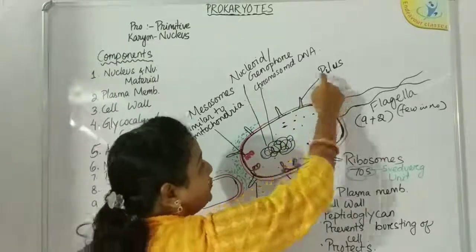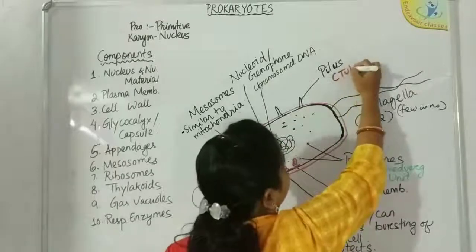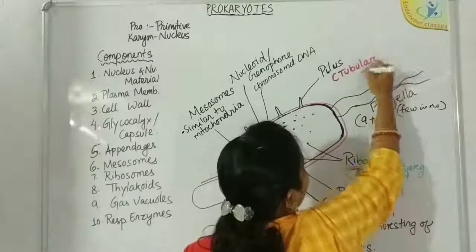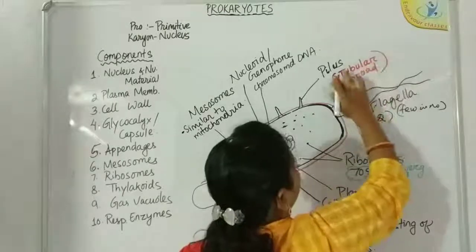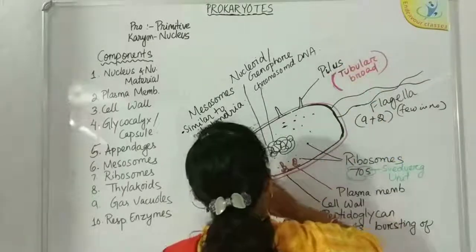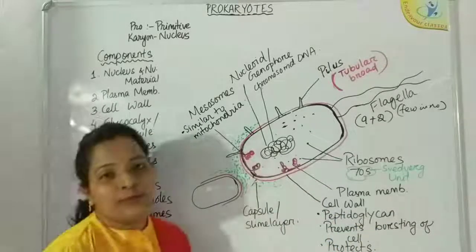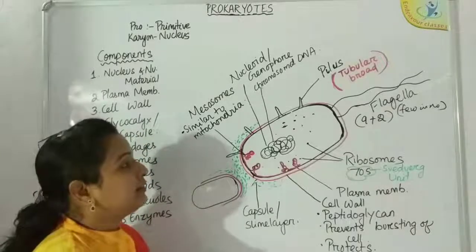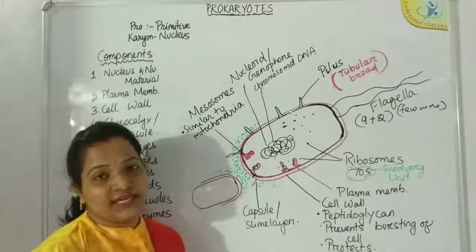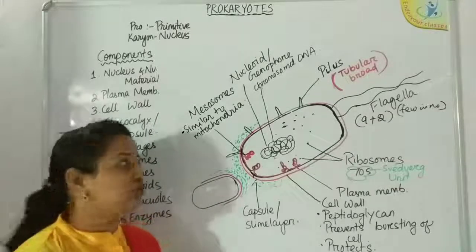These are tubular and broad structures. Usually 1 to 4 pili are present in a prokaryotic cell. They help in the exchange of genetic material between prokaryotic cells during conjugation.